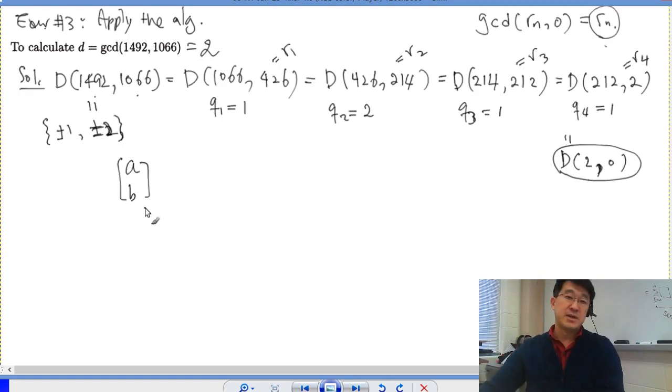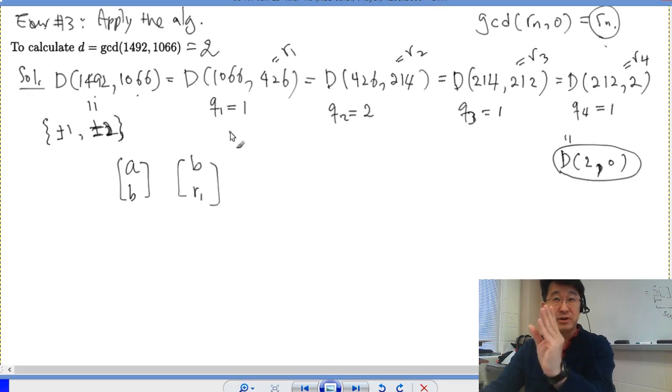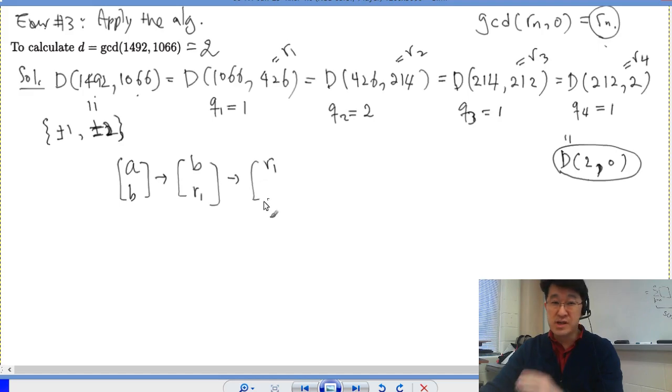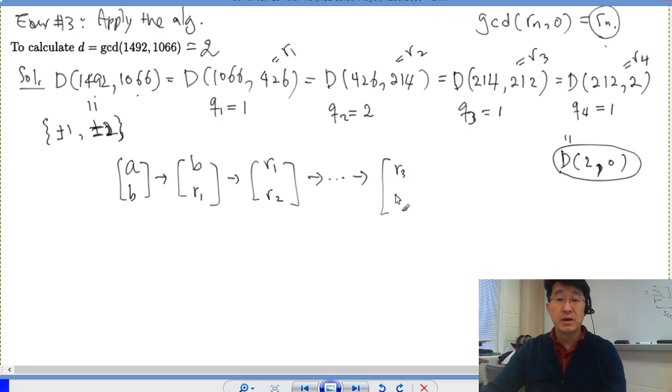Now, what is the next number? B, R1. Isn't that right? Turn it into a column vector and put an arrow in between. Now, what is the next number? R1 and R2. Go all the way down to R3, R4, and then we enter R4 and 0 there.